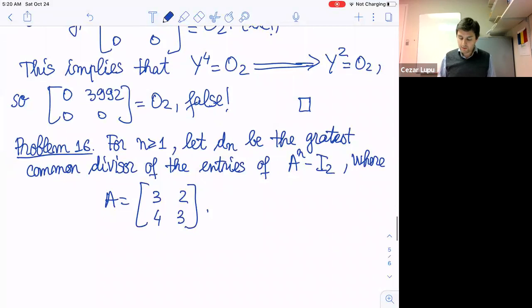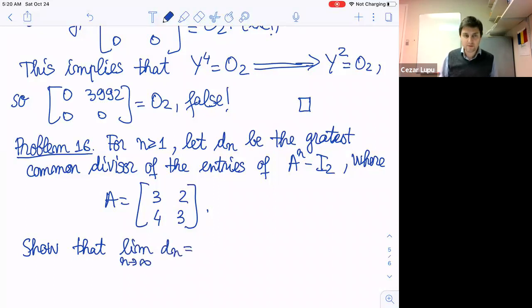And now we would like to show that the sequence Dn has limit infinity at infinity. So the limit as n approaches infinity of Dn is infinity.